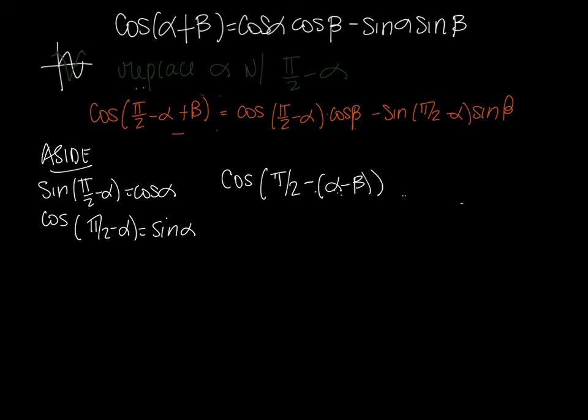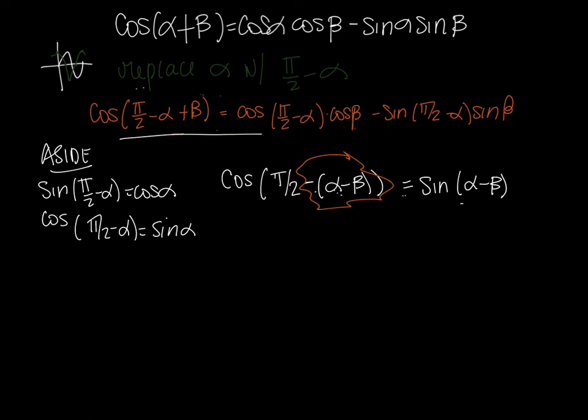I actually factored out a -1 in here. In order to change everything, I factored out a -1. So make sure you take note of what I did there. But that's actually going to then equal the sine of alpha minus beta.